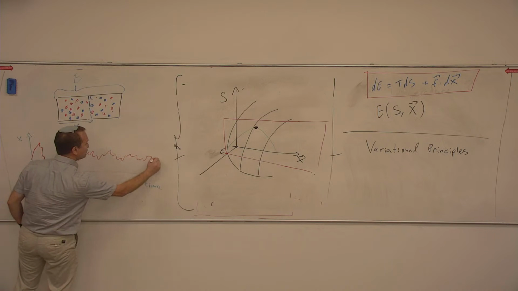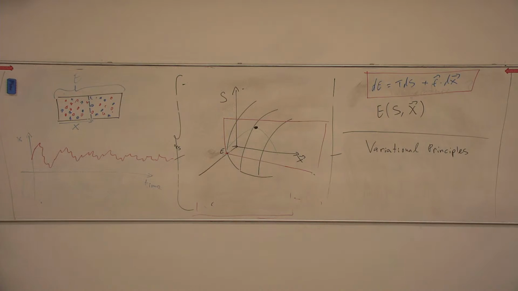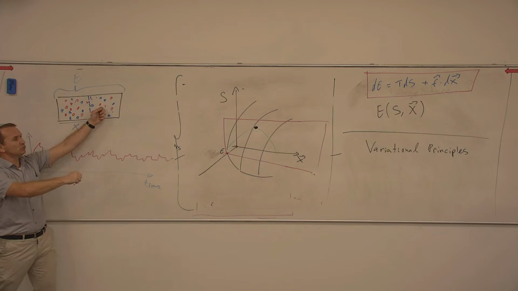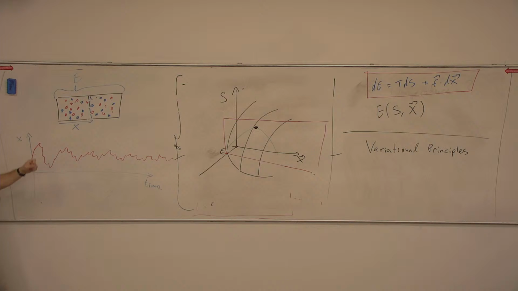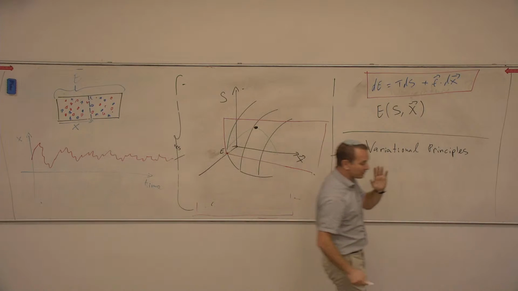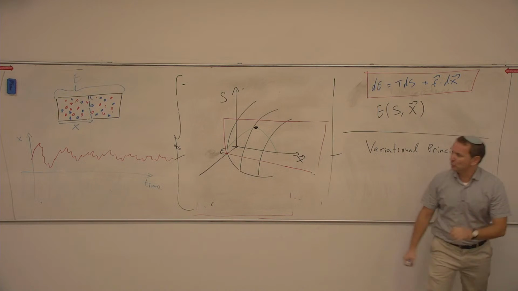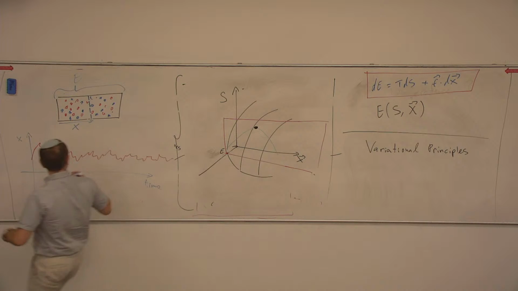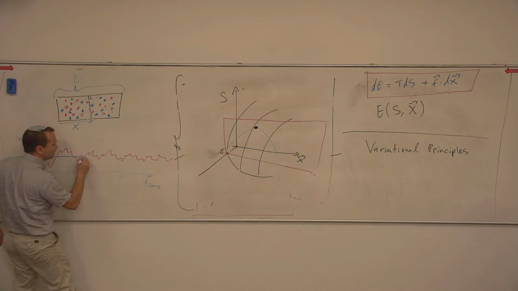There are always going to be some fluctuations, because those particles are bombarding the membrane: if it moves to the right, they bombard it from the left and it moves to the left, and so on. So the position is always going to move around. When we are talking about the equilibrium value of x, it's the average value.